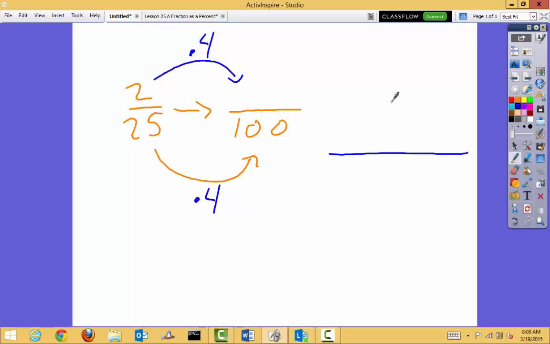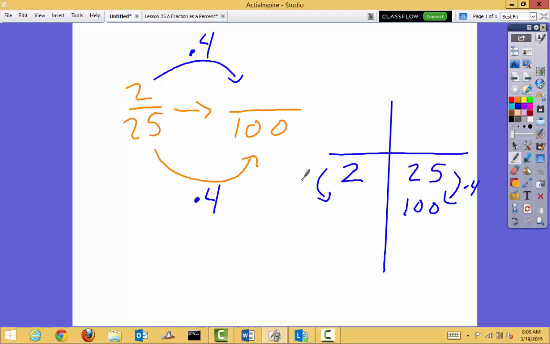Remember, it's the exact same thing as a ratio table. 2 to 25, and I'm going to 100. How do I get from here to here? Multiply by 4. Multiply by 4. So that's going to be 8. So now, how do I get this to become a percent?